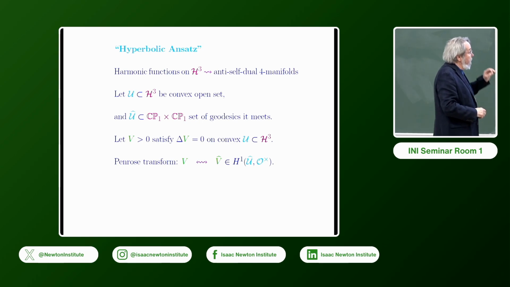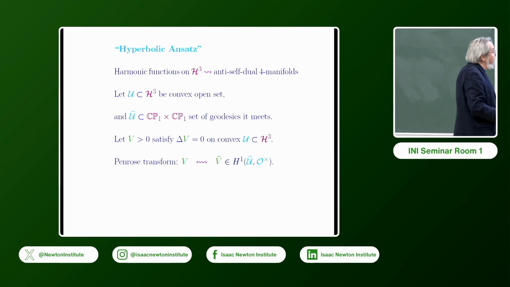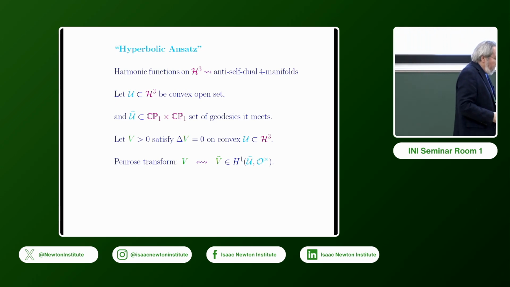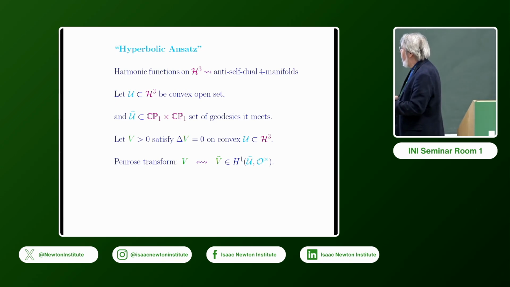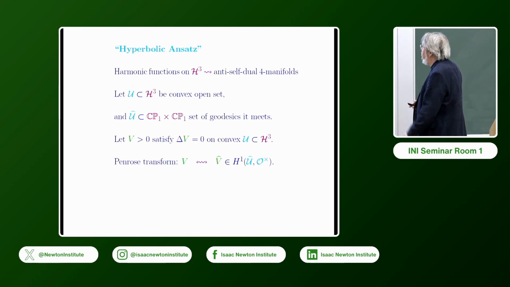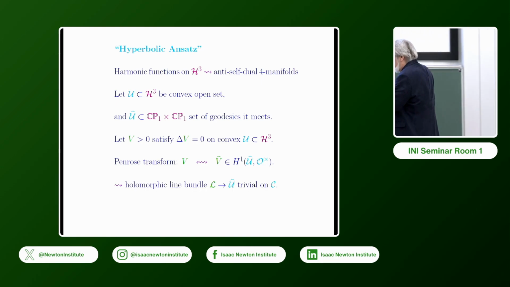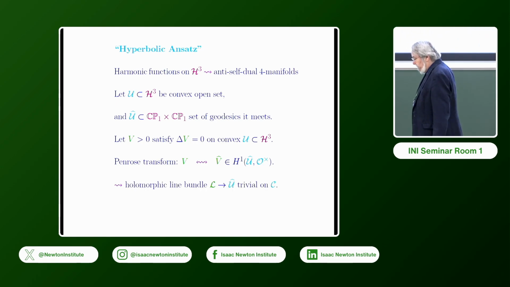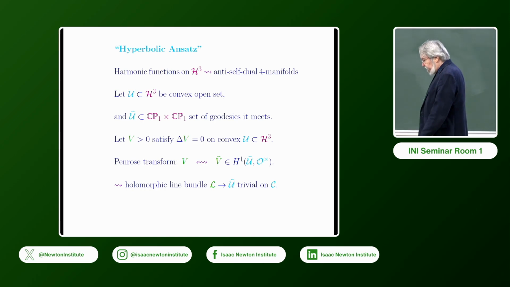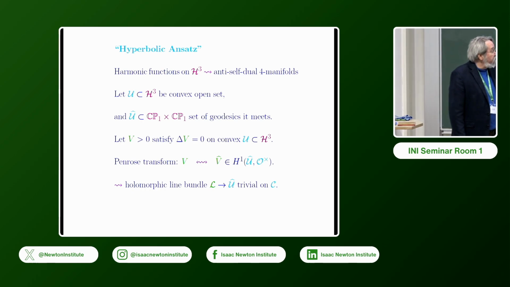So there's a correspondence between harmonic functions on a convex region of hyperbolic space and the holomorphic line bundles on a corresponding region in the mini-twistor space. The extra condition that these holomorphic line bundles satisfy is that their first Chern class vanishes.